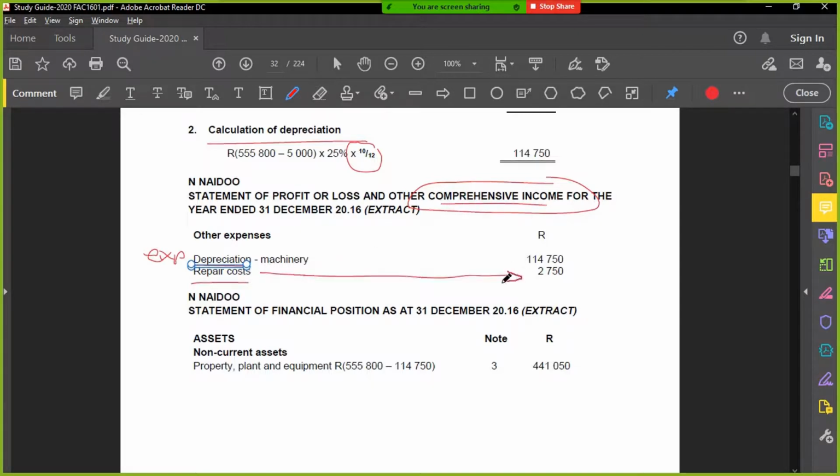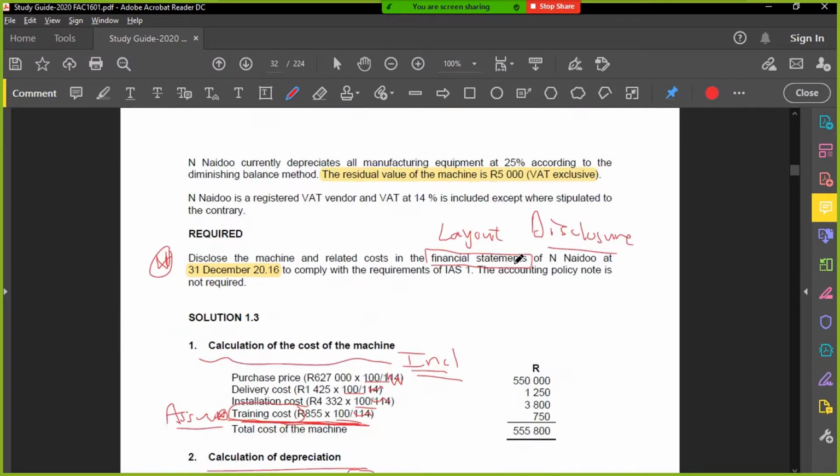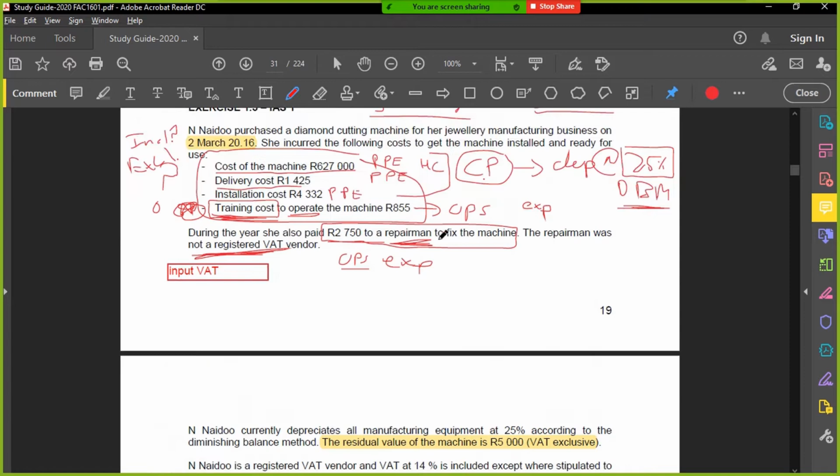That must be 2750 because it's with a non-VAT vendor. You can't claim input VAT if the person you paid didn't pay any output VAT. If the repairman is a non-registered VAT vendor, would he have paid 15% to SARS? No, he wouldn't. You can't claim VAT if someone else hasn't paid it over to SARS.